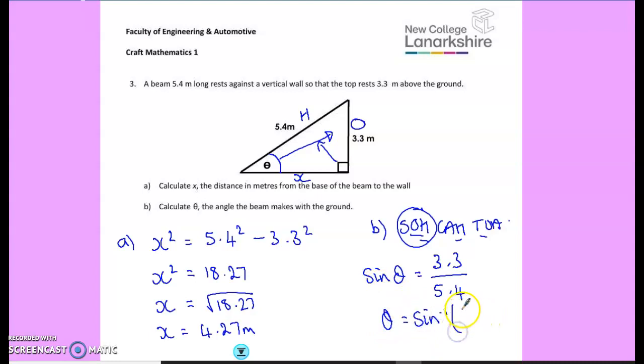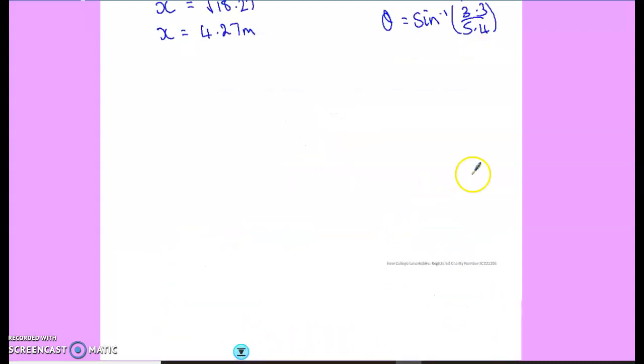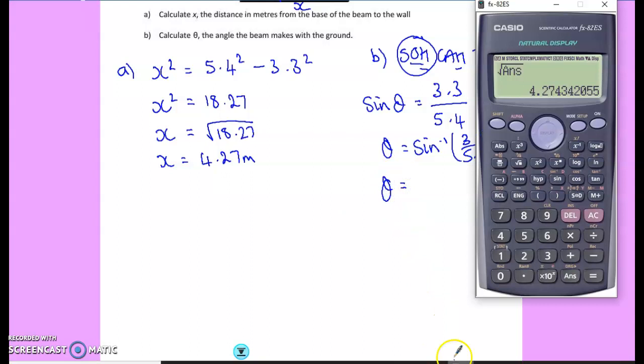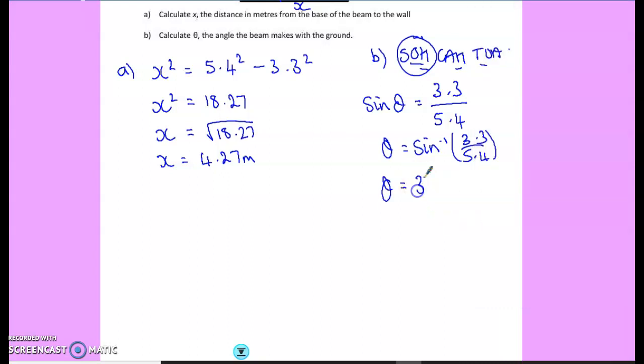So I want to do inverse sine of 3.3 divided by 5.4. Oh, I've jumped a bit. Type that into our calculators. That's 37.67 degrees.